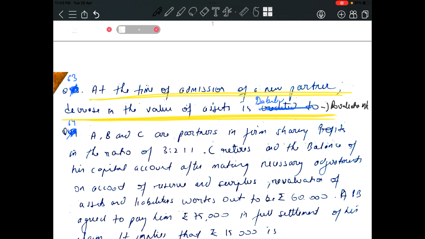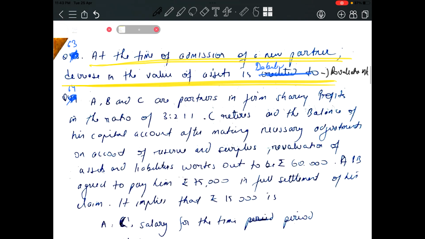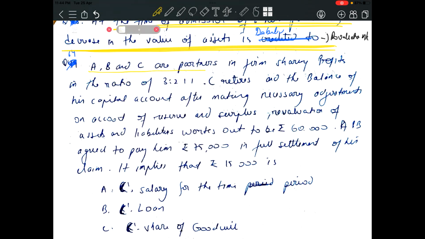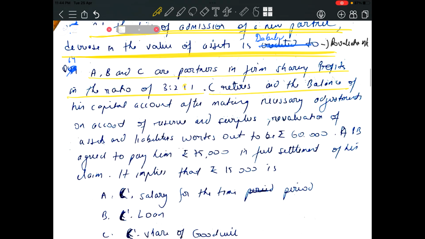Now let's see question number 64. A, B and C are partners in a firm sharing profits in the ratio of 3:2:1. C retires. Now basically we are talking about retirement. Before we move with this question, let me tell you one thing.